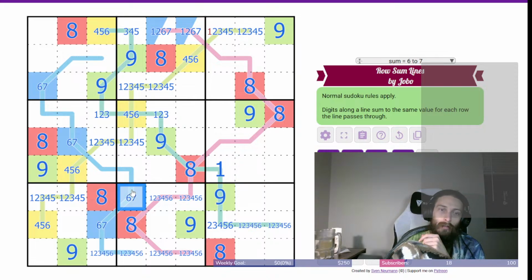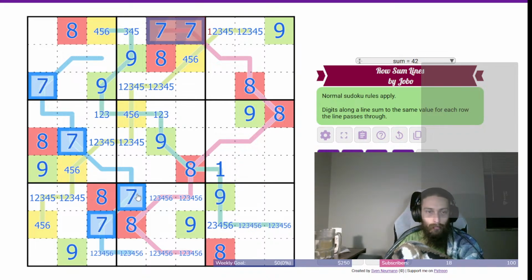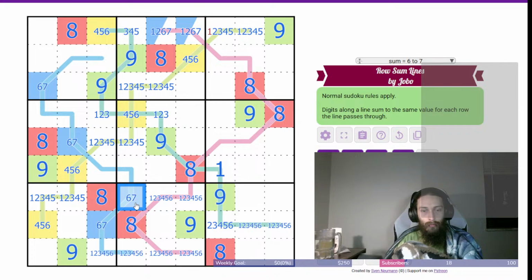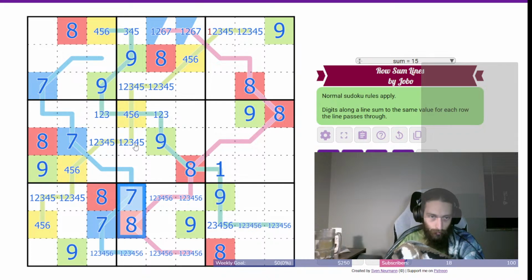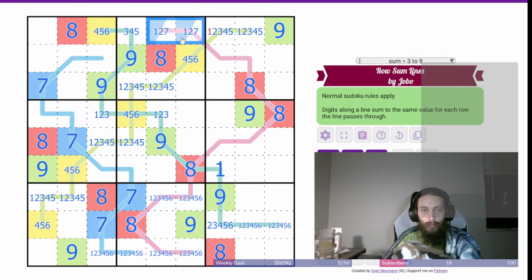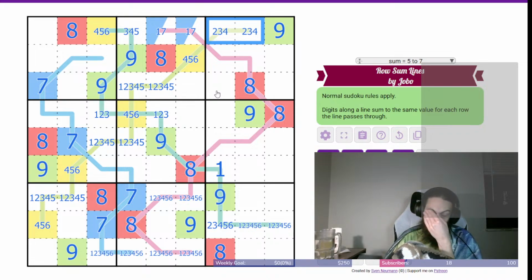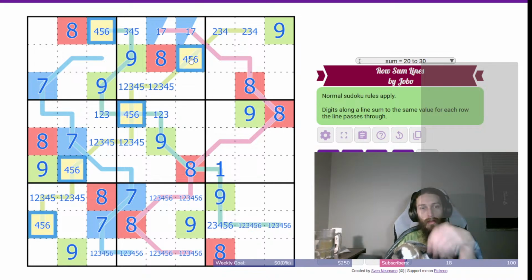And now, this has to be 7. For the same reason I laid out earlier as to why one of them had to be. Right. Well, now yellow can't be a 4.